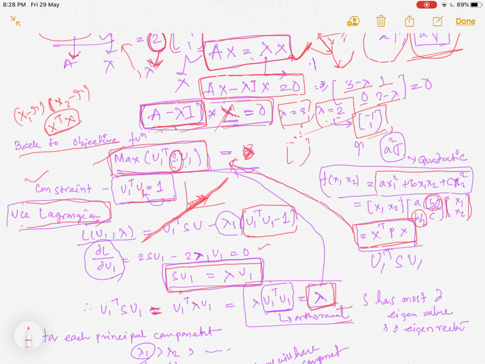So in order to maximize the variance, the maximum lambda will give the maximum variance, or the maximum lambda will get us the eigenvector which will store the maximum variance.